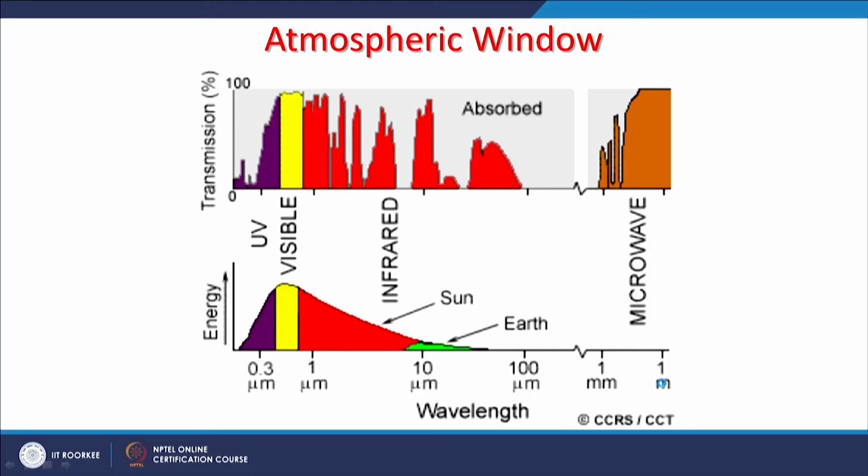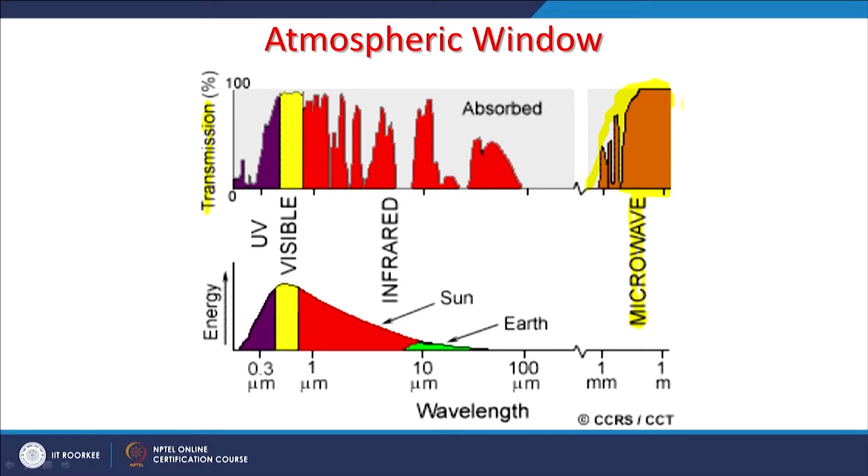Now, let us quickly go through the atmospheric windows, though we have discussed them at length. The microwave part, if you recall, is this part of the EM spectrum, 1 centimeter to 1 meter, and this is the absorbed part which you are seeing here, but a large part is not affected by the atmosphere, and therefore high transmission is possible.